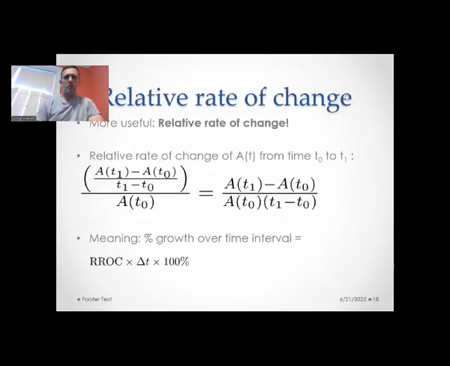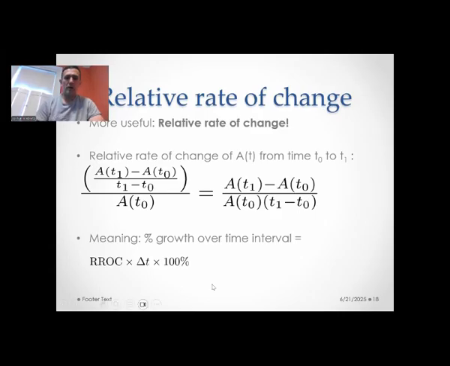Okay, so remember that the practical meaning of the relative rate of change over some time interval from t0 to some future time t1 is that the percentage growth over this time interval is given by the relative rate of change times change in time, converted to a percentage, meaning you multiply by 100%.